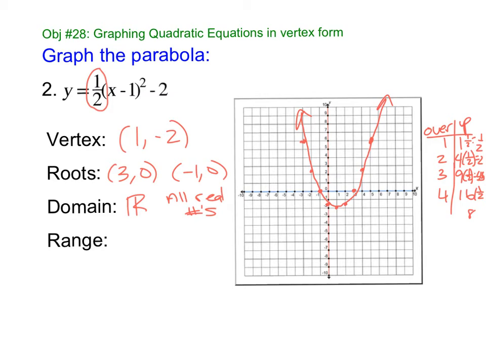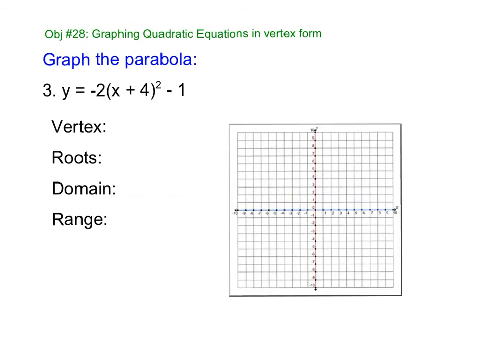Now write down, what do you think the range is? What's the lowest y value? My lowest y value is the vertex, -2. So y is greater than or equal to -2, or -2, comma, infinity, because it goes up forever, so it goes up to infinity.